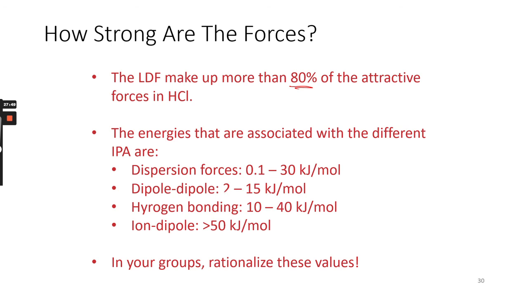Dipole-dipole can range from 2 to 15, so they could be strong, but dispersion forces could be stronger, especially if your molecule is very large. Hydrogen bonding, we always said, was the strongest of the intermolecular forces, and it could go up to 40. And ion-dipole, which is really the strongest, is greater than 50 kilojoules per mole.